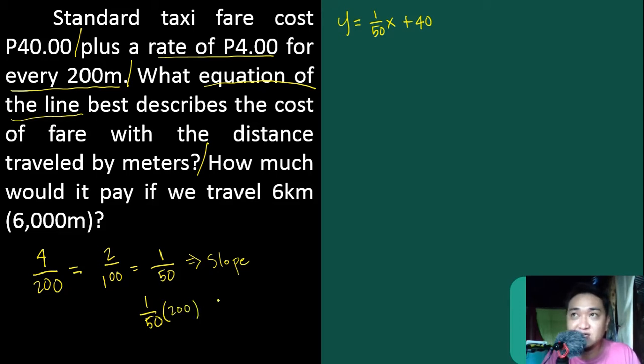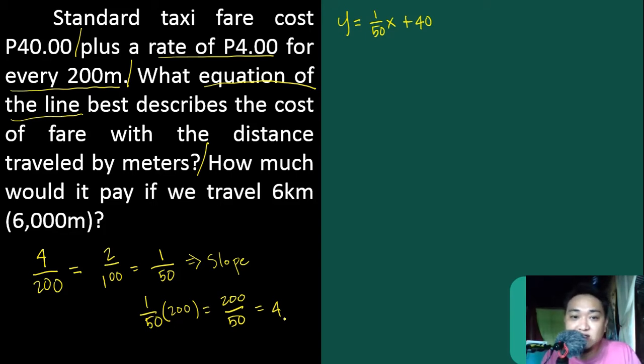So, aside dun sa babayaran nating 4 pesos na standard fare, magta-travel tayo ngayon ng 200 meters, and that is equivalent to 200 over 50, and 200 divided by 50 is 4. So, meron kang babayaran na 4 pesos plus the standard taxi fare, which is 40. So, if we are going to add 4 plus 40, that will be 44. Automatic, 44 yung babayaran natin.